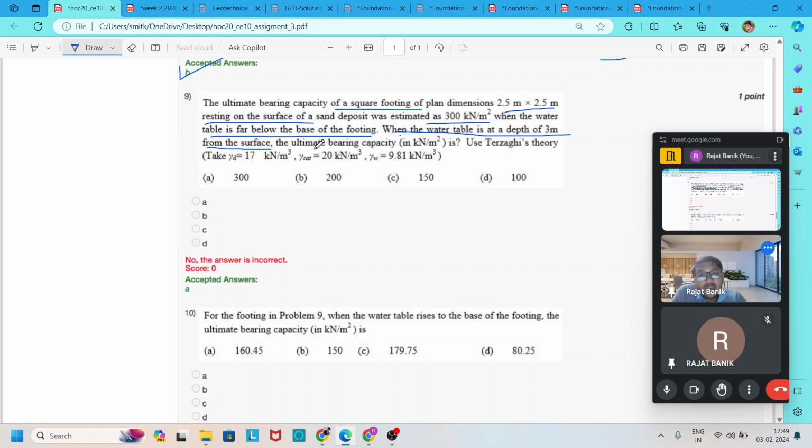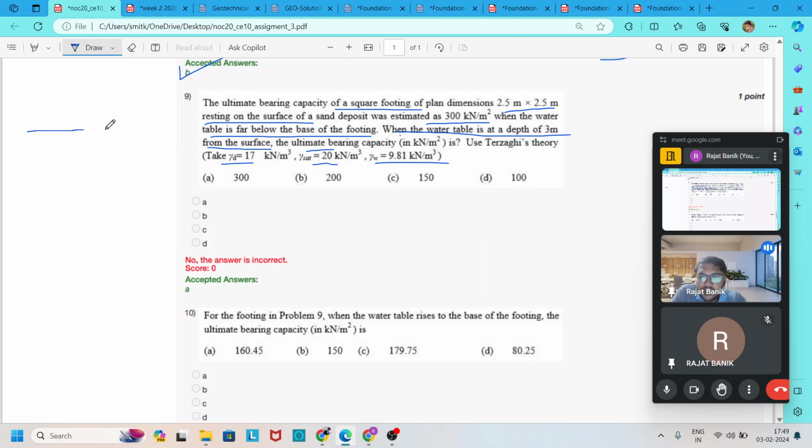Given gamma dry density of the soil is 17, gamma saturated is 20 kilonewton per meter cube, and gamma W is 9.81 kilonewton per meter cube.